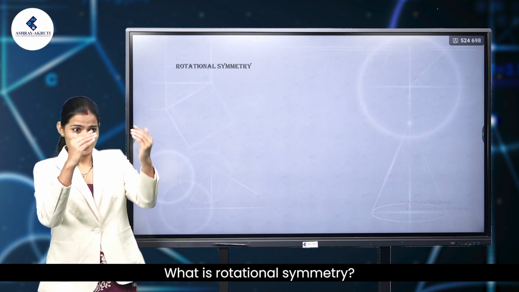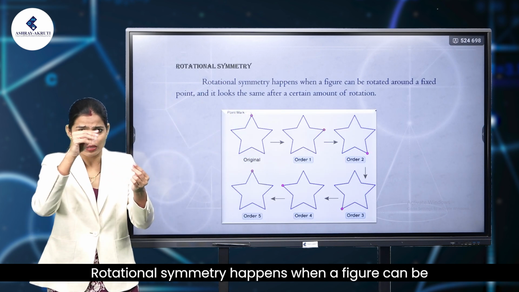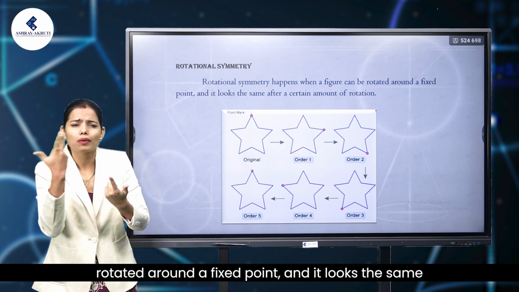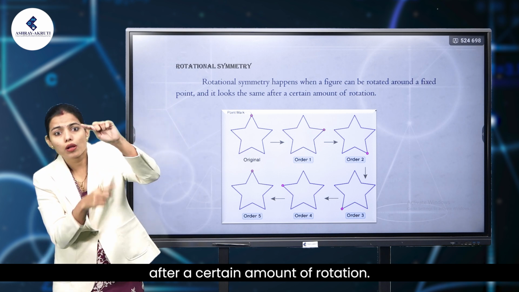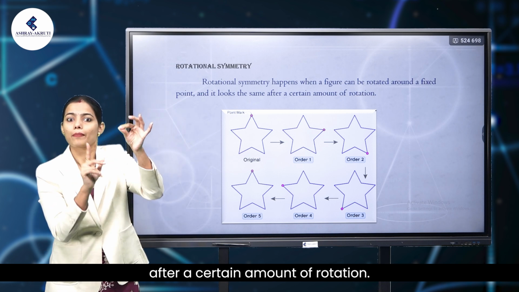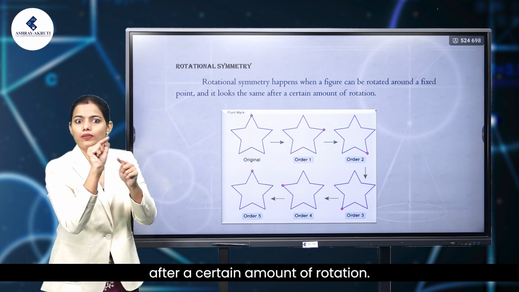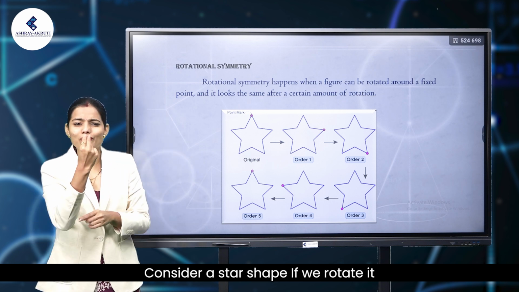What is rotational symmetry? Rotational symmetry happens when a figure can be rotated around a fixed point and it looks the same after a certain amount of rotation. For example, consider a star shape.